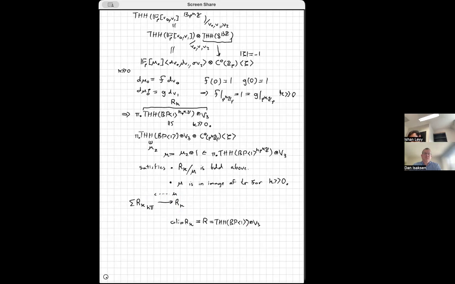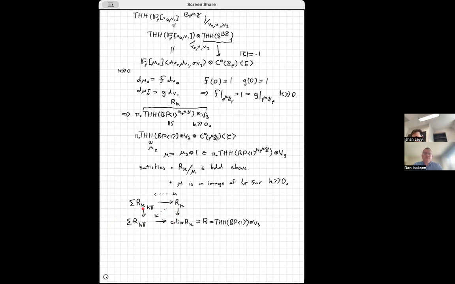And we know that the image of mu in this colimit is just the previous thing that we knew was in the image of the transfer. So at the level of this colimit, mu did lift. So we have this diagram where in the colimit, the image of mu lifted.